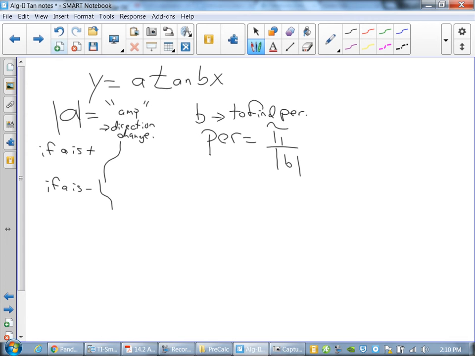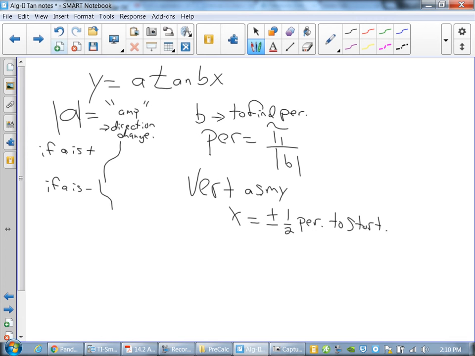If my original period for that graph we just looked at was pi, do you see how my asymptotes were at pi over 2 and negative pi over 2? The trick is your asymptotes will always be placed at plus or minus half of your period. Your vertical asymptotes will be at x equals plus or minus half of your period to start.